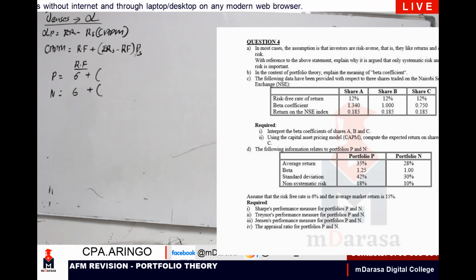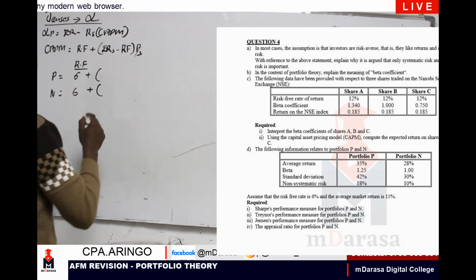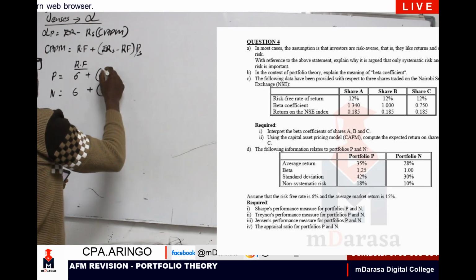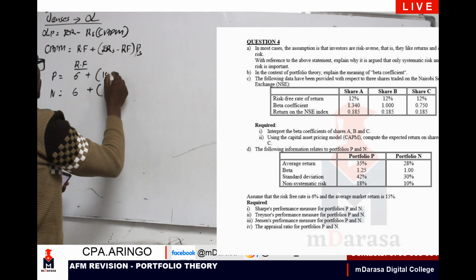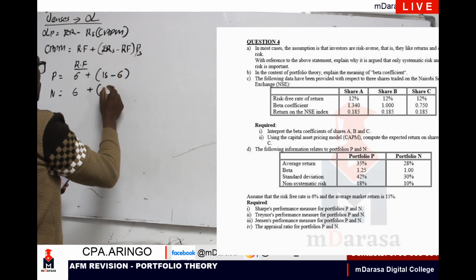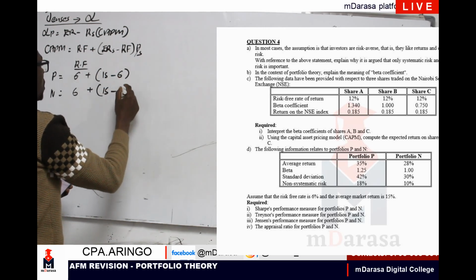We are told that the average market return is 15. Just look there: assume that the risk-free rate is 6%, the average market return is 15. So I'd be having 15 minus risk-free 6, times beta.